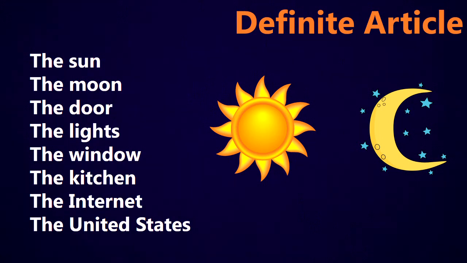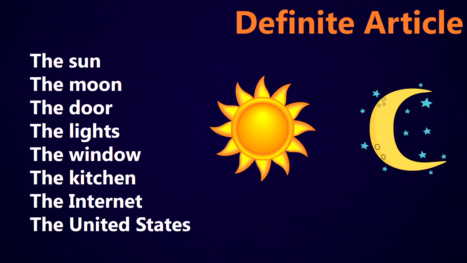Because if I'm in a room, if I say the lights, there's usually only one light in a room. The window, most rooms have only one window. Some rooms have more. So I might be more specific and say, can you open the window over there? And I might point to it or something. The kitchen, the internet, because we consider that there is only one internet. So we say the internet.